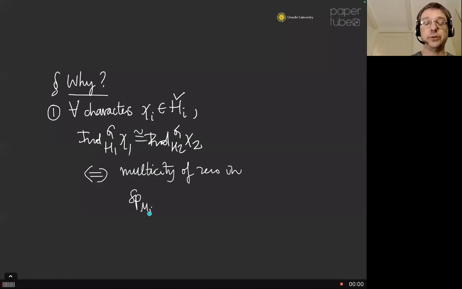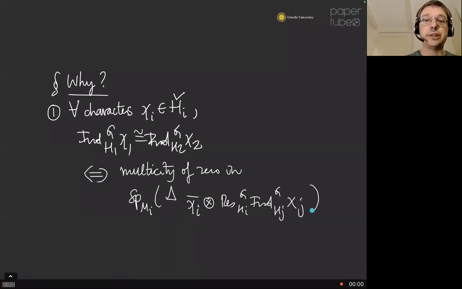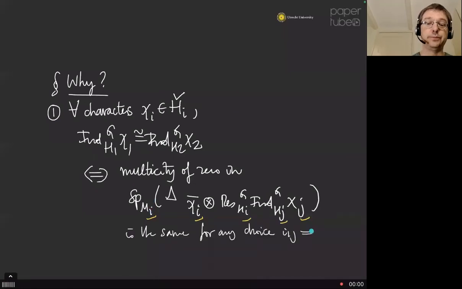It's the complex conjugate of this character, tensored with a restriction of the induction of the other labeled index. What you see here is there are I indices and J indices, and the claim is that the multiplicity of 0 of these things is the same for any choice I, J equal to 1 or 2.